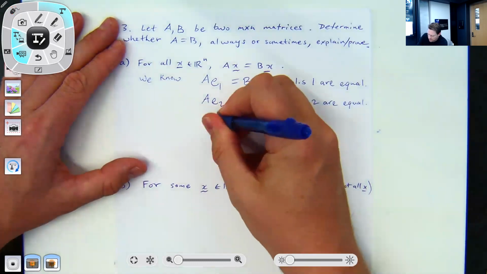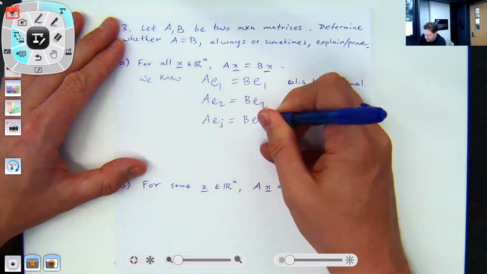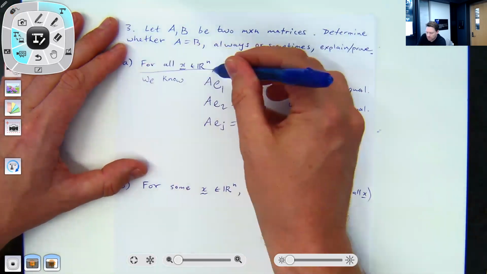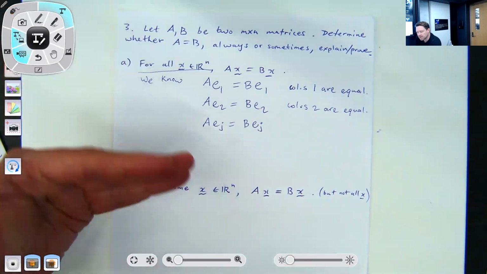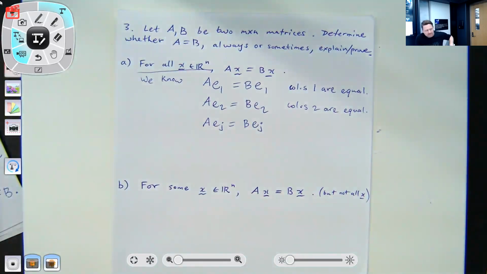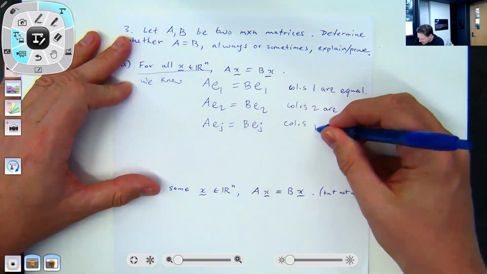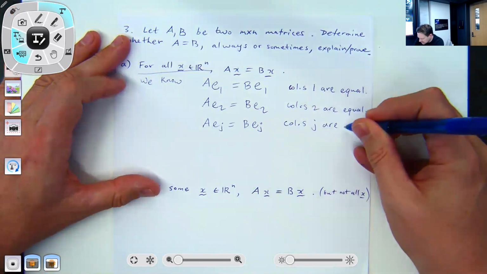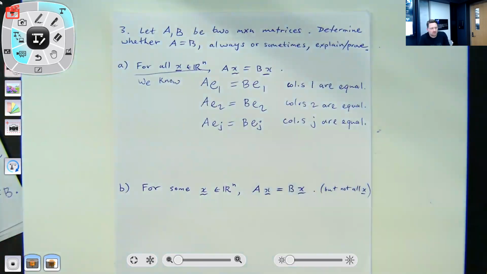Now, of course, you can take EJ. So we also have A times E subscript J is equal to B E subscript J, because again, this happens for all X in Rn. Okay, so when we multiply those out, what we have then is that columns J are equal. Okay, so now let's summarize all of that. We have every column of A is equal to every corresponding column of B, right?